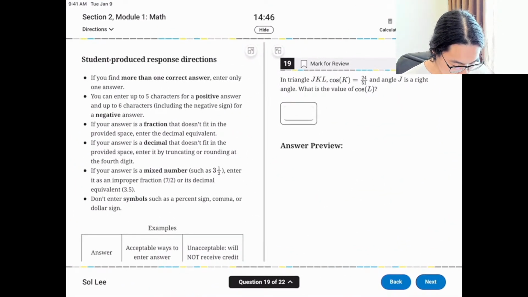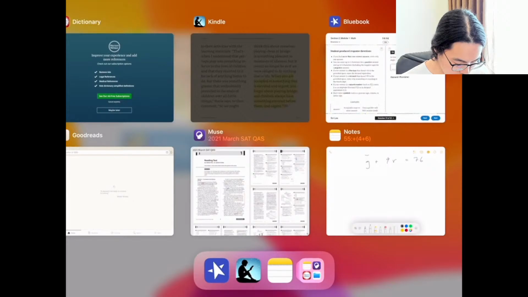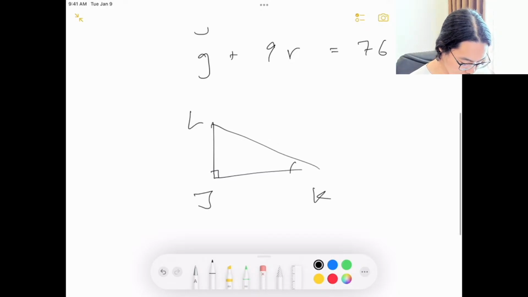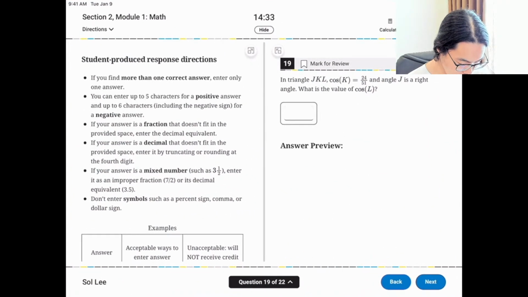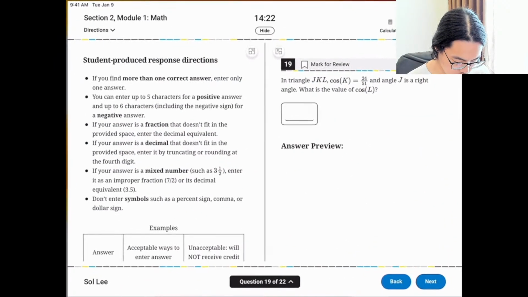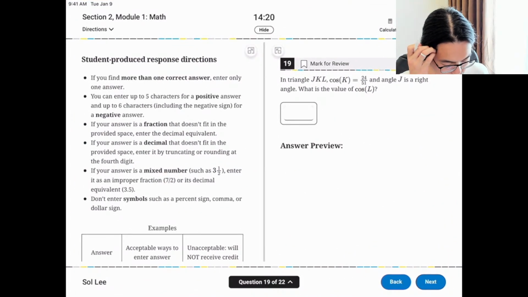J is a right angle, so J, K, L. And then cos K is opposite over hypotenuse, 24 over 51. So this is 24 and 51. Angle J is right, and what's the value of cos L?